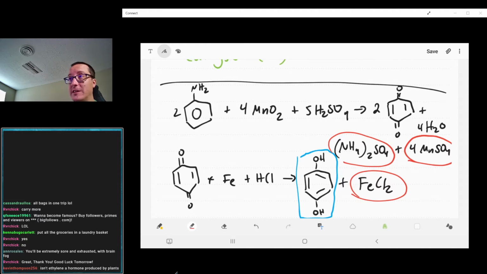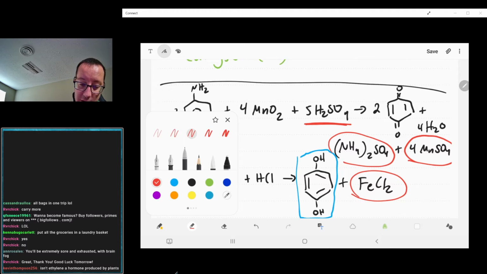Notice we have all these extra byproducts that we're going to have to deal with. Transition metals are toxic to the environment. We don't want to use them as much as possible. Notice we also are using sulfuric acid, which can be pretty hazardous in this reaction. And so this is tough. There's a lot of problems with this one.